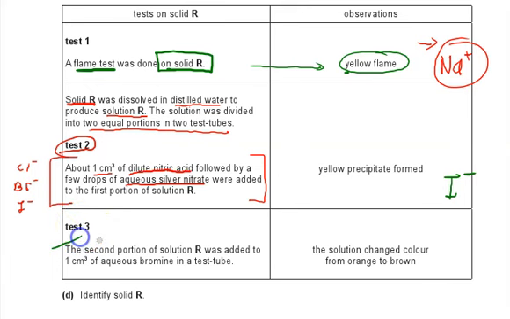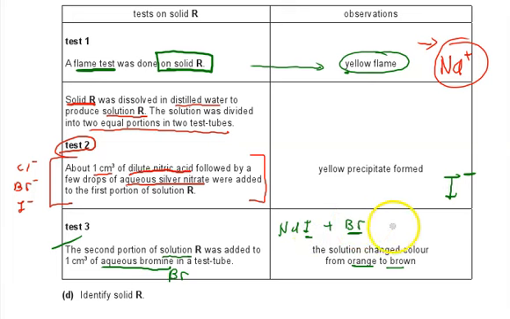Okay, the second portion of solution R was added to 1 centimeter cube of aqueous bromine. Solution changed color from orange to brown. Okay, this is because when you have iodide and bromine, the bromine is much more reactive compared to the iodide.